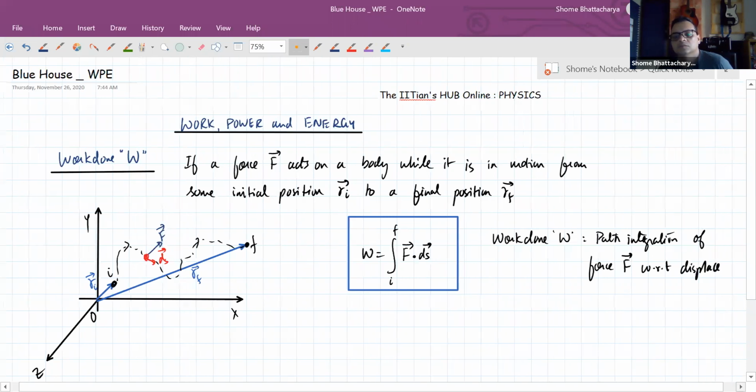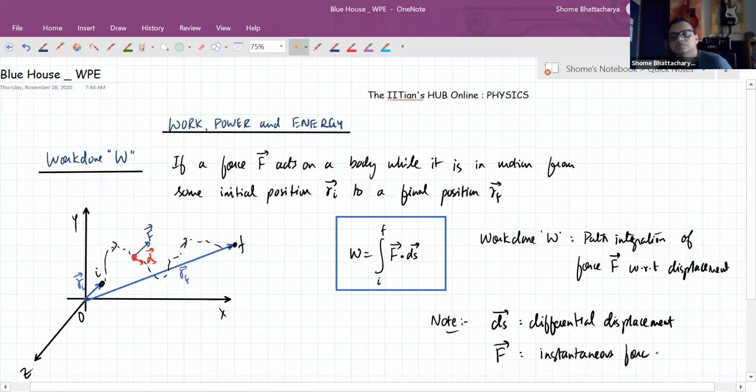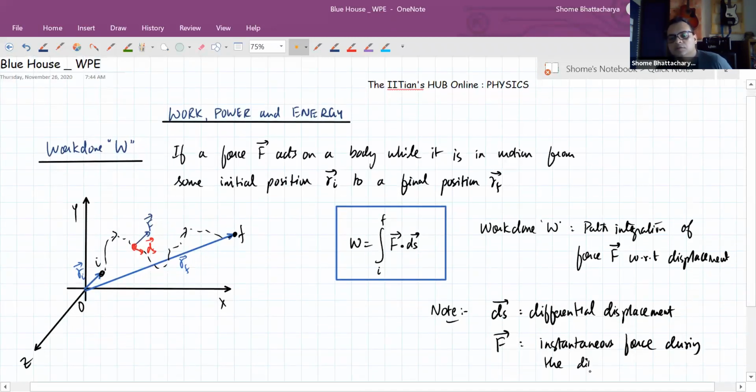Here ds is called a differential displacement, and F is the instantaneous force during the differential displacement ds.